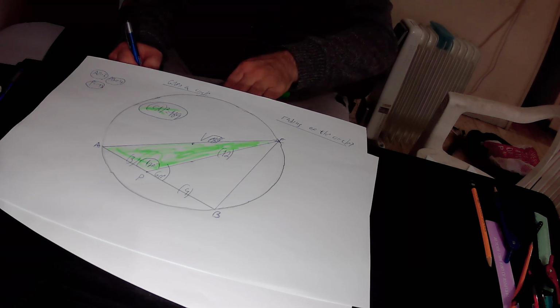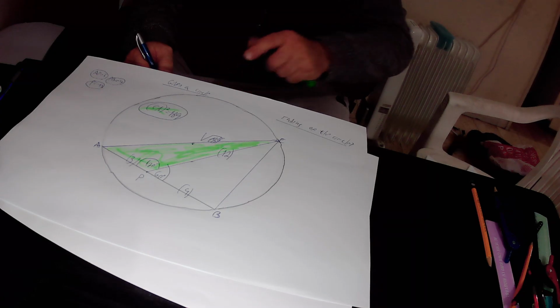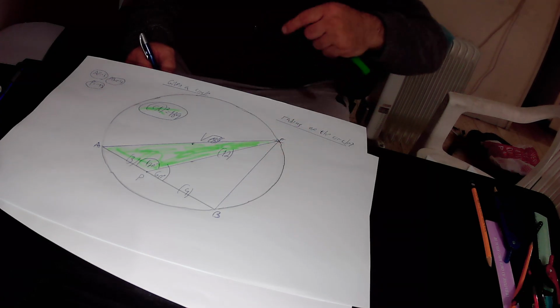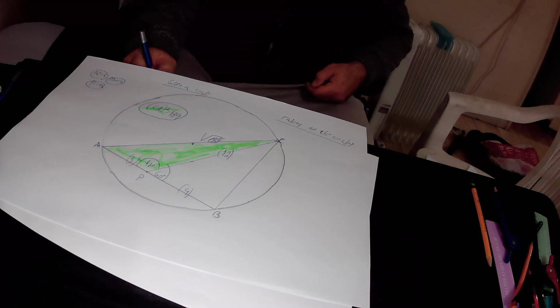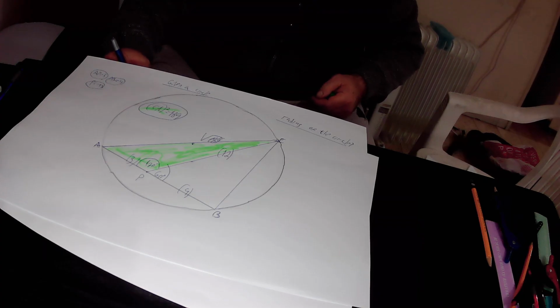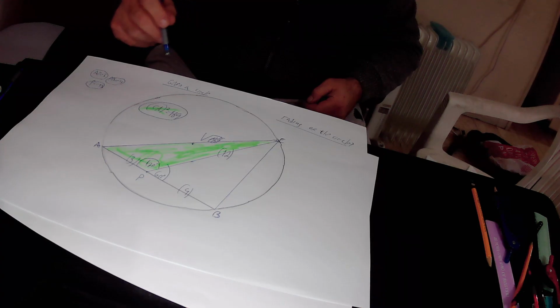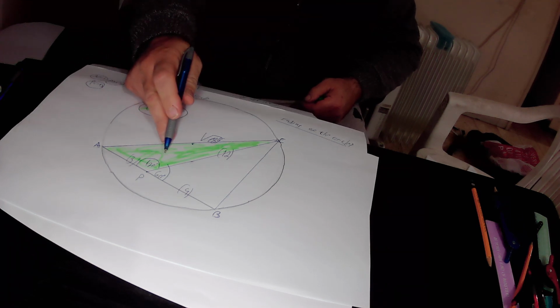So according to the law of cosines, on triangle CPB, the following equation is true: CB squared equals PB squared plus CP squared minus 2 times PB times PC times cosine 60 degrees.